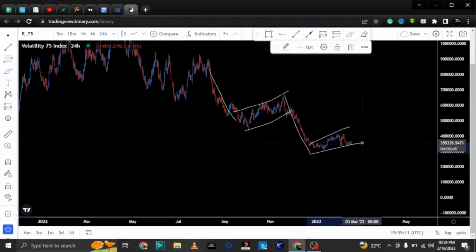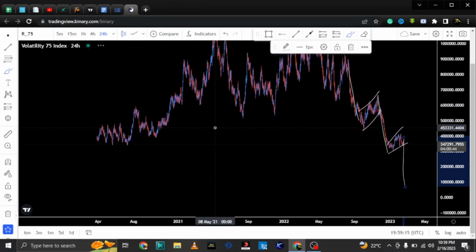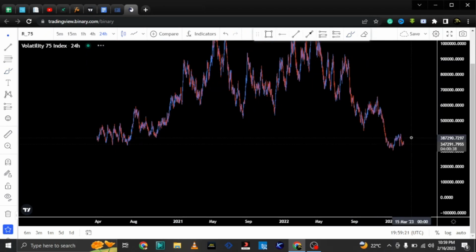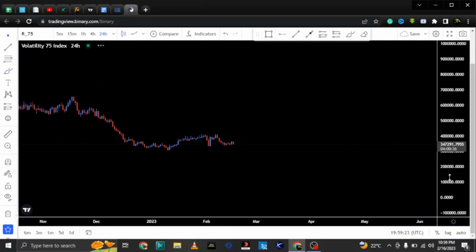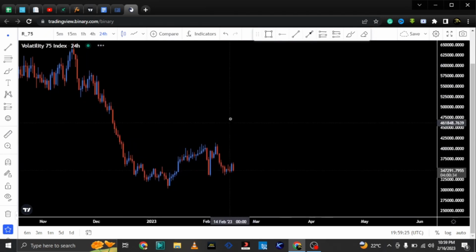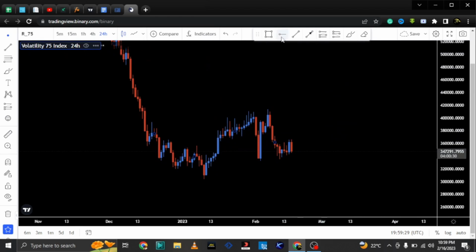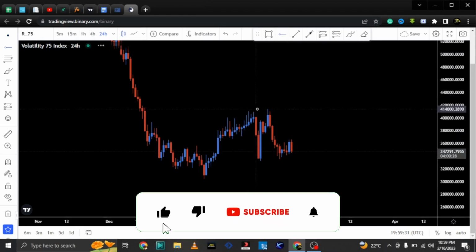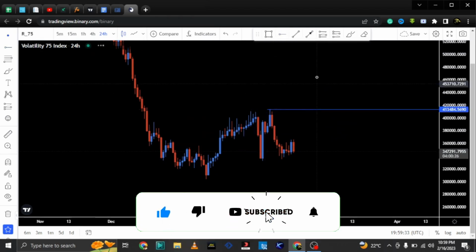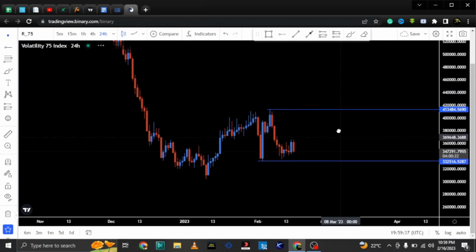We're actually on a corrective phase, looking forward to maybe another impulse move to the downside. Okay, so let's clear this and start now. So from the daily time frame, I want to mark this as our highs. All right, we have to mark our playground, remember, and then we have to have what you call an eagle's view.